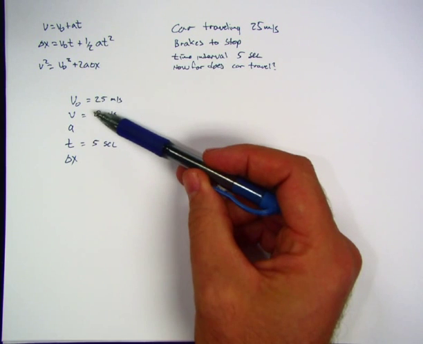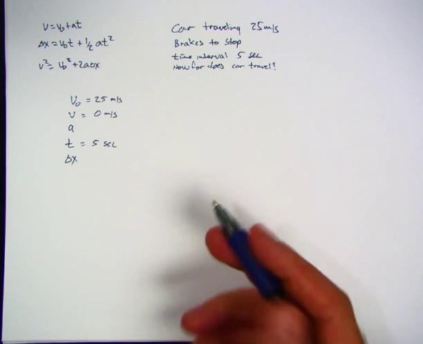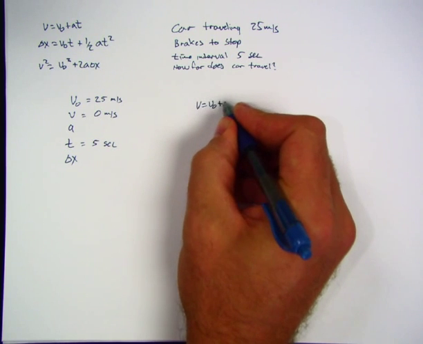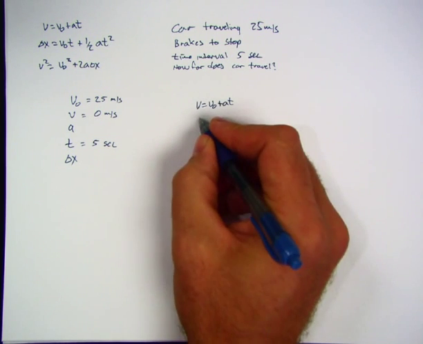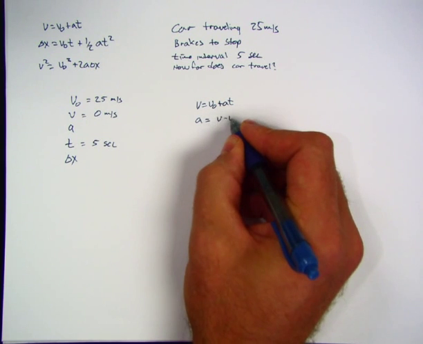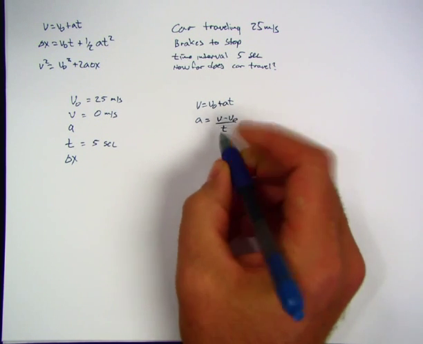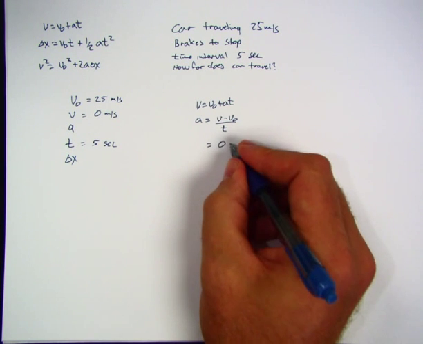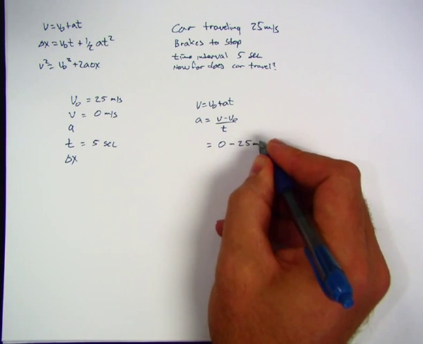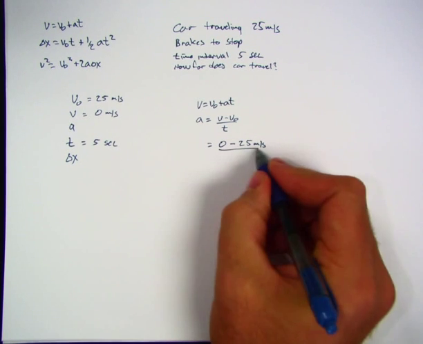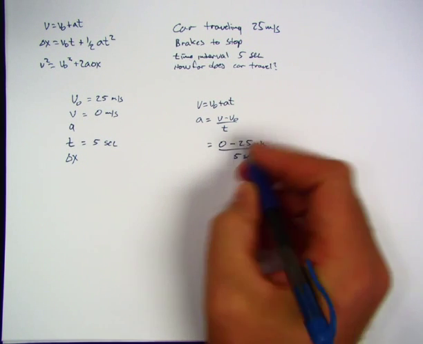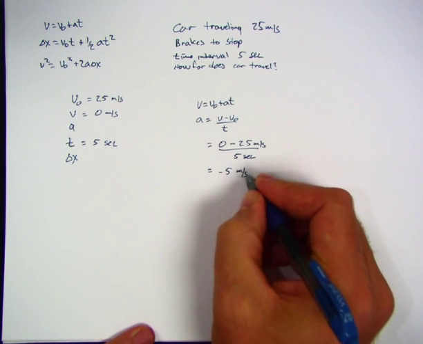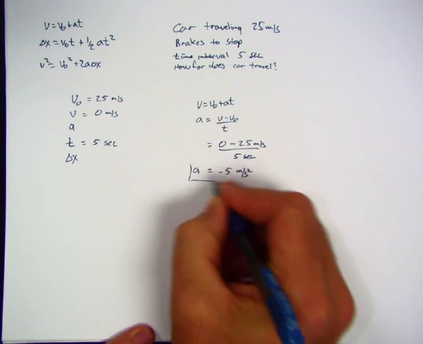I know initial and final velocity and time, so I'm going to look at that first equation, v equals v0 plus at. I want to solve it for acceleration. So a is equal to v minus v0 over t, which means final velocity 0 minus 25 meters per second over 5 seconds, which means I'm going to get minus 5 meters per second squared as my acceleration.